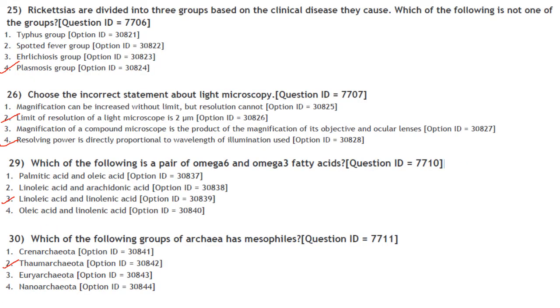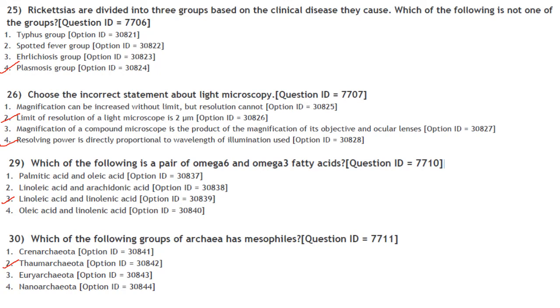Then next one. Rickettsias are divided into 3 groups based on the clinical disease they cause. Which of the following is not one of the groups? So it is the plasmosis group. All the others belong to the groups, whereas the plasmosis group doesn't belong.